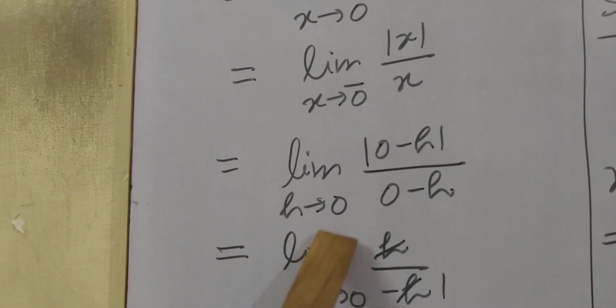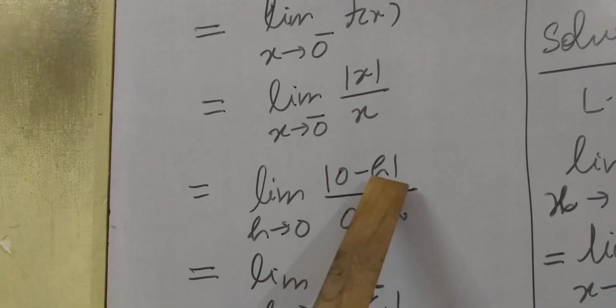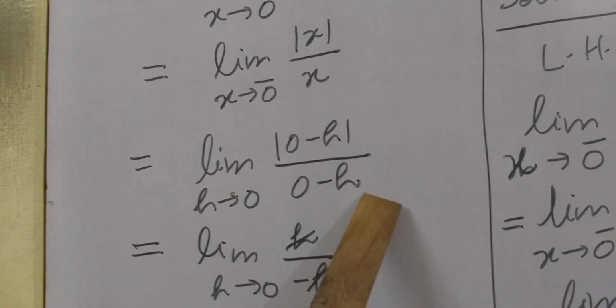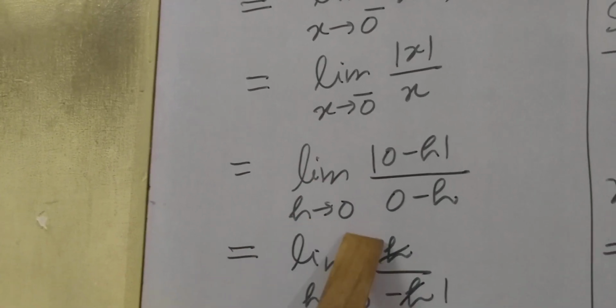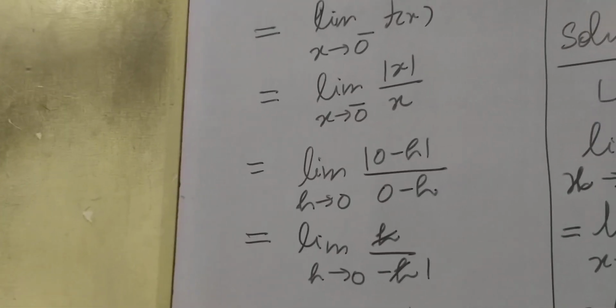So limit h tends to 0, at the place of x we will write 0 minus h. Correct, students?